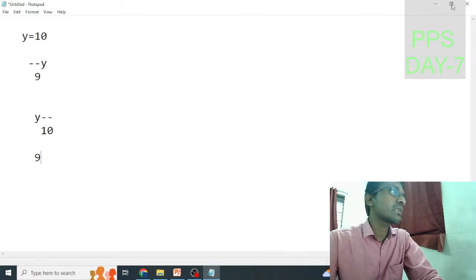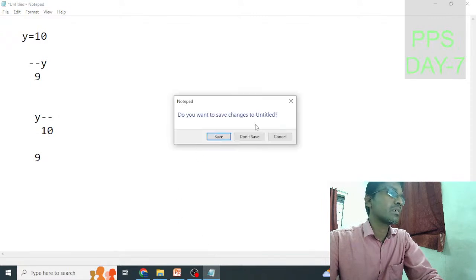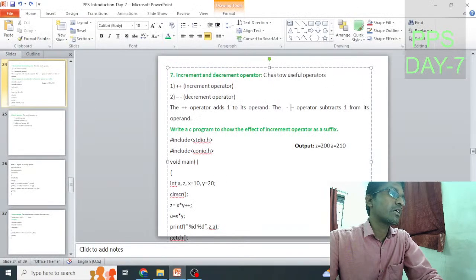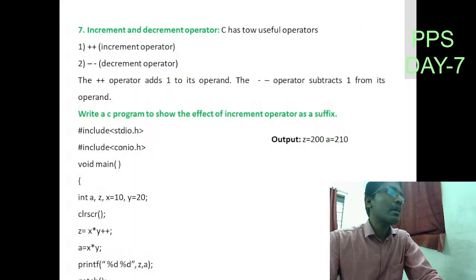That is the difference between increment and decrement operators. In this example, it is a post increment operator, so the y value is used first and later incremented by 1. That's why I got z is equal to 200, whereas a is equal to 210.